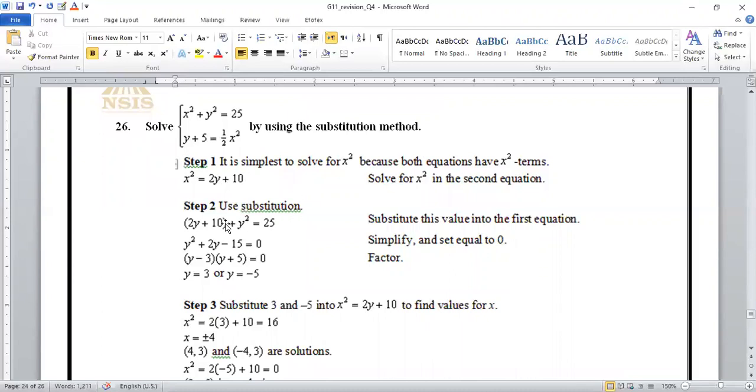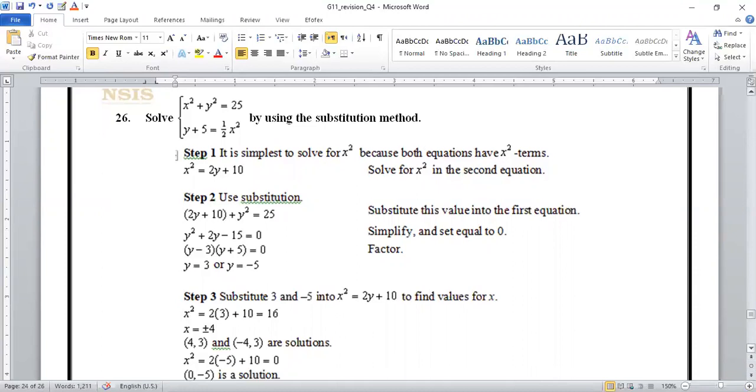Substitute in the first equation: 2y plus 10 plus y squared equals 25. After simplifying, we get y squared plus 2y minus 15 equals 0. Factor: (y minus 3)(y plus 5) equals 0. So y equals 3 and y equals negative 5.